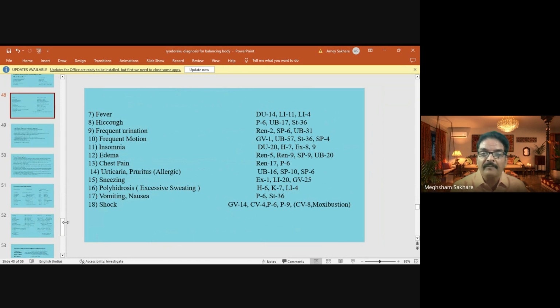For fever, GV14 or DU14, governing vessel or DU, Li11, Li4. For hiccup, P6, UB17, stomach 36. Frequent urination: use REN 2, CV2, SP6, and UB31 and UB32.